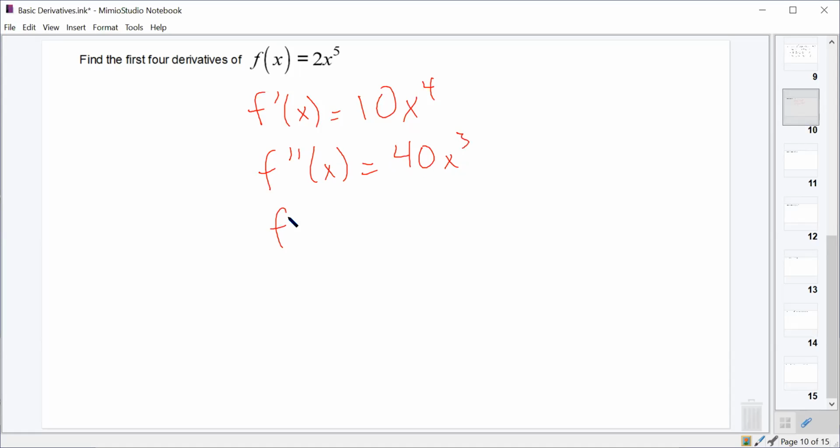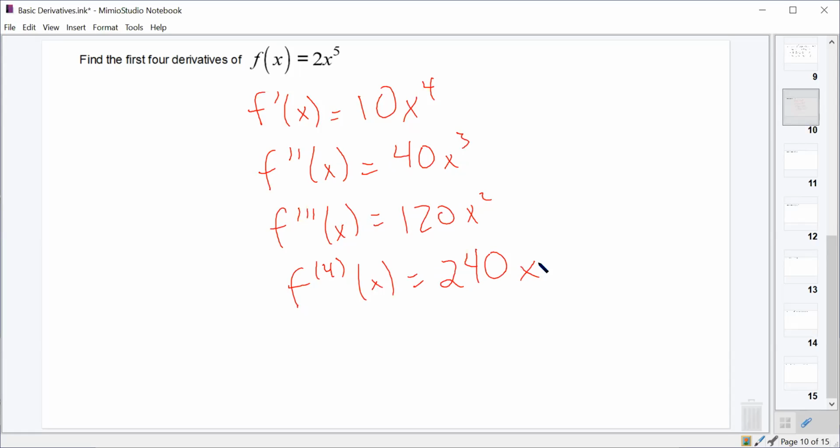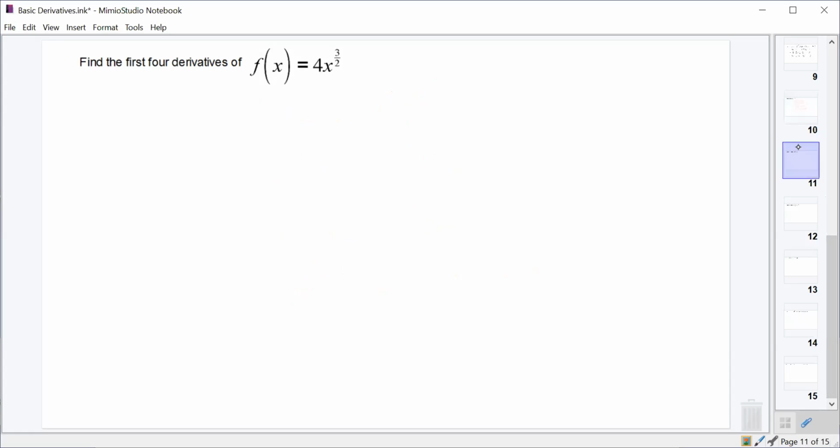Wonderful. The third derivative ought to be 120x squared. Great. And the fourth derivative ought to be 240x. Everybody good there? Yeah. All right. Let's do these ones.